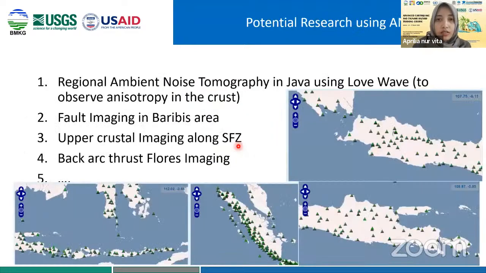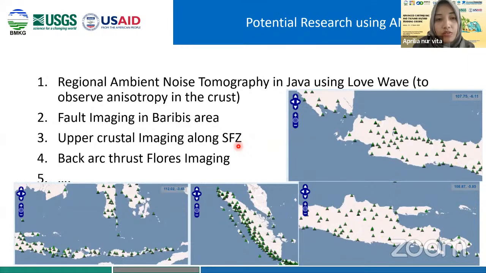For future research prospects using ANT with the existence of the BMKG network, maybe we can use regional ambient noise tomography in Java using Love waves. The previous research used Rayleigh waves, and we can try using Love waves.